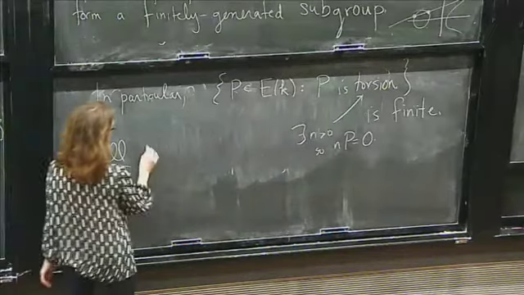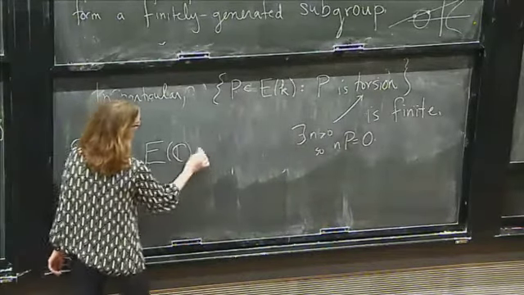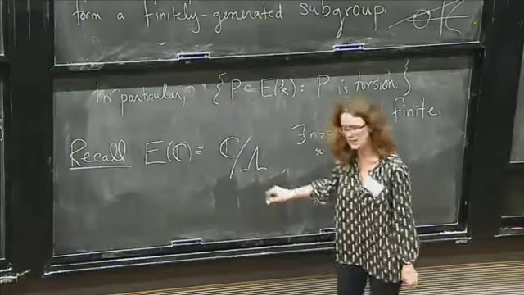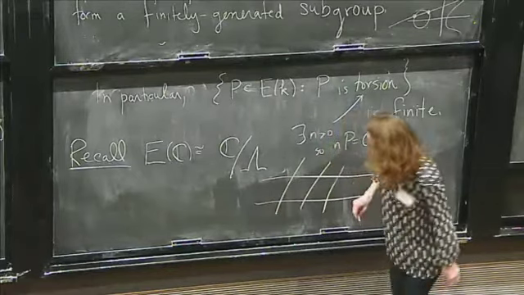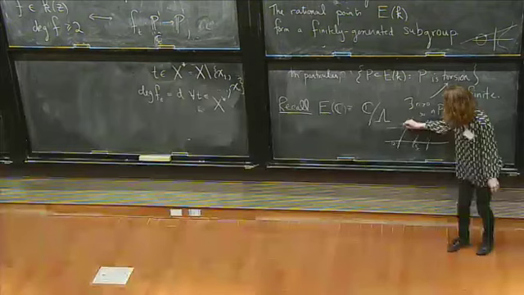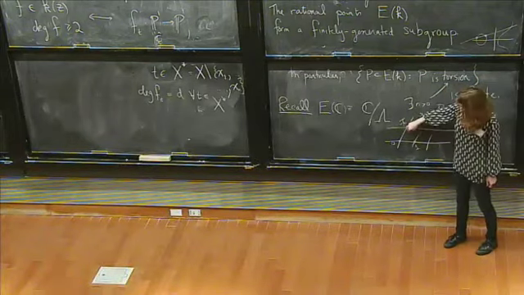of course, if you present E over C, you can think of it as the quotient of the complex plane by a lattice. And we know that we have this lattice picture in the complex plane, where let's say this is 0, this is 1, this is my other generator of the lattice tau. And we know exactly what the torsion points are.